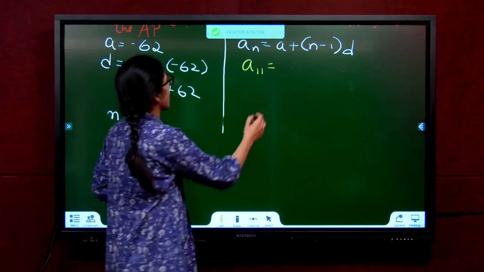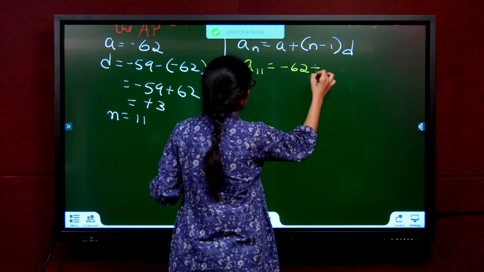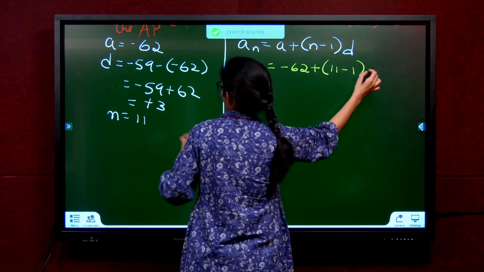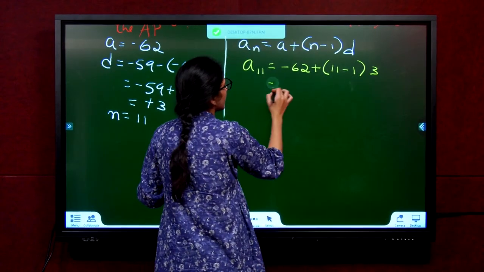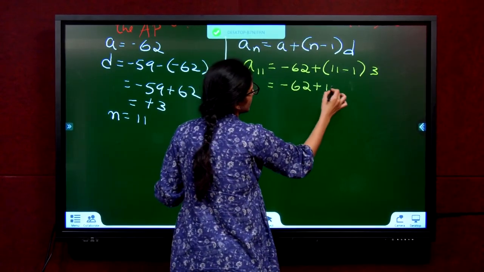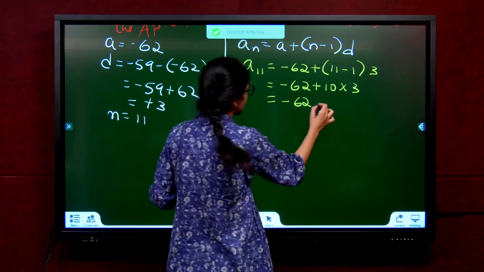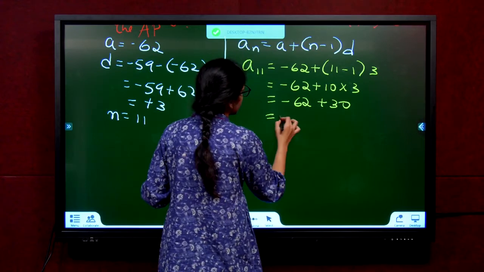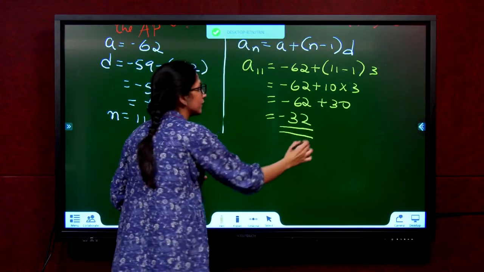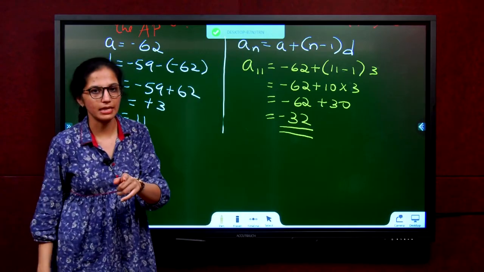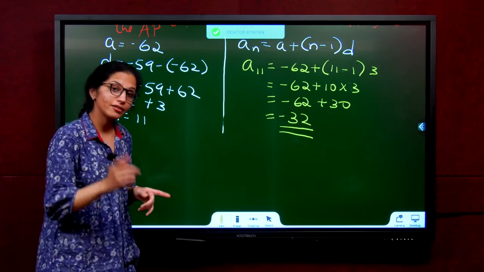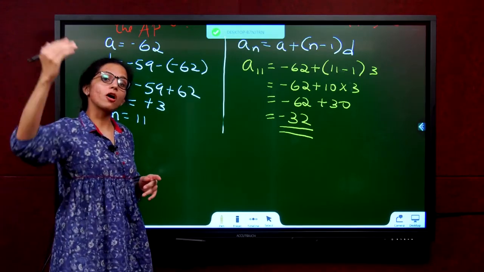So what is a? Minus 62 plus 11 minus 1, and d here is 3. Minus 62 plus 10 into 3. Minus 62 plus 30. Minus 32. So minus 32 is the 11th term of the reverse AP. That means it is the 11th term of the original AP from the last.